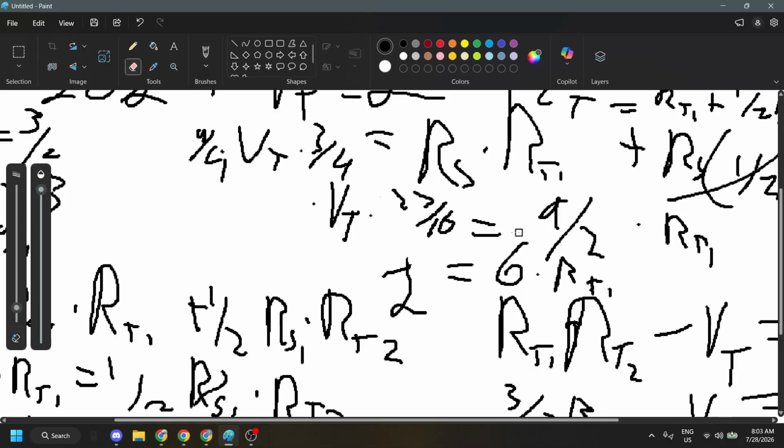So divide by 9 on both sides. We get 3 and 1, multiply by 16, and then divide by 3, I guess, we get 8/3.